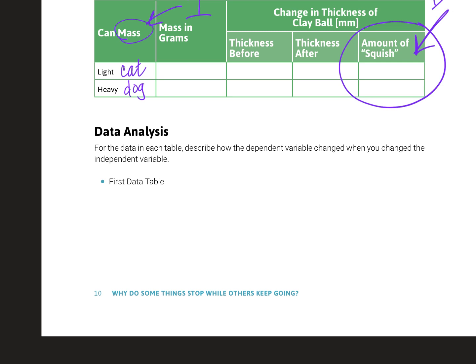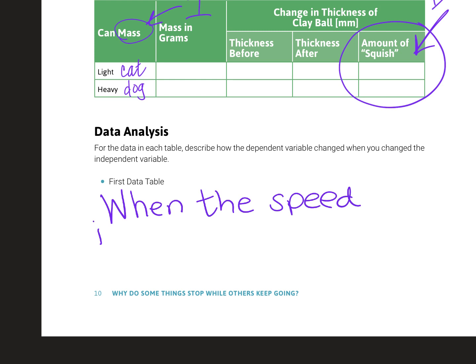Okay, so the first one I said, in the data table number 1 space, write the following. So when the speed increased, okay, and the question says, for the data in each table, describe how the dependent variable changed when you changed the independent variable.